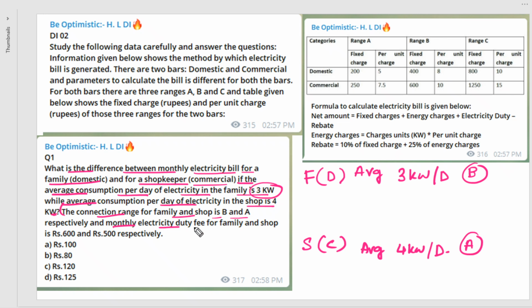The monthly electricity duty fee for family and shop is rupees 600 and 500 respectively. So for family this is 600 and for shop this is 500. Okay, so this is all about your question.